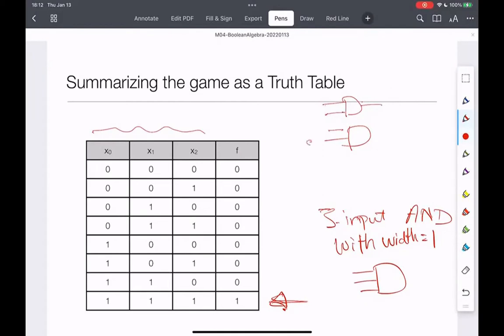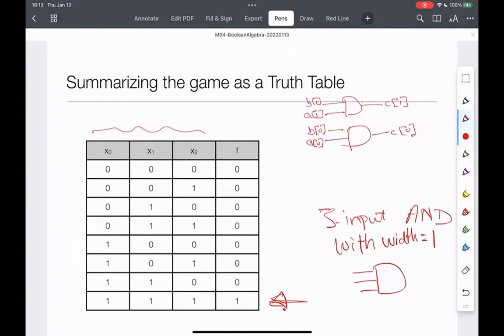So let's say A0 goes here, and A1 goes here, and B0 goes here, and B1 goes here, and the output is C1, C0. So what I'm doing is I have two input variables, A and B, each one of them 2 bits, and I have an output variable C that's also 2 bits.